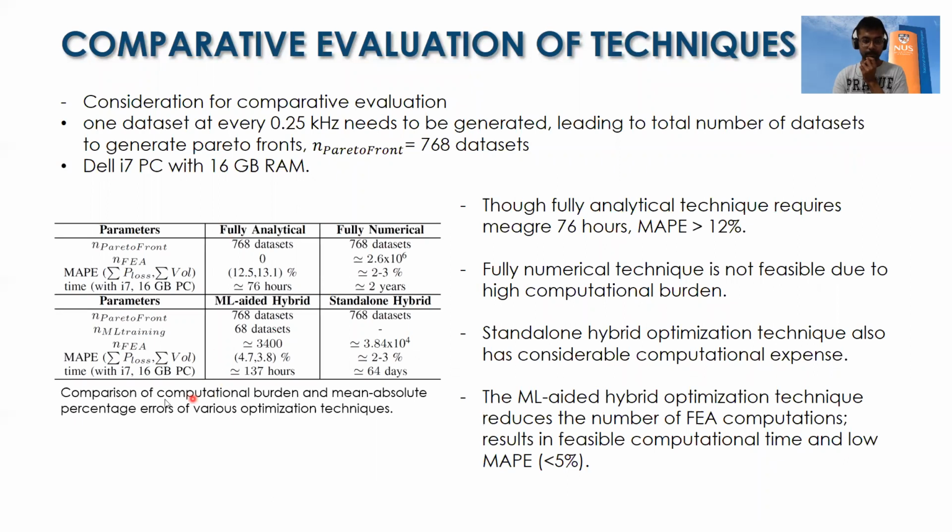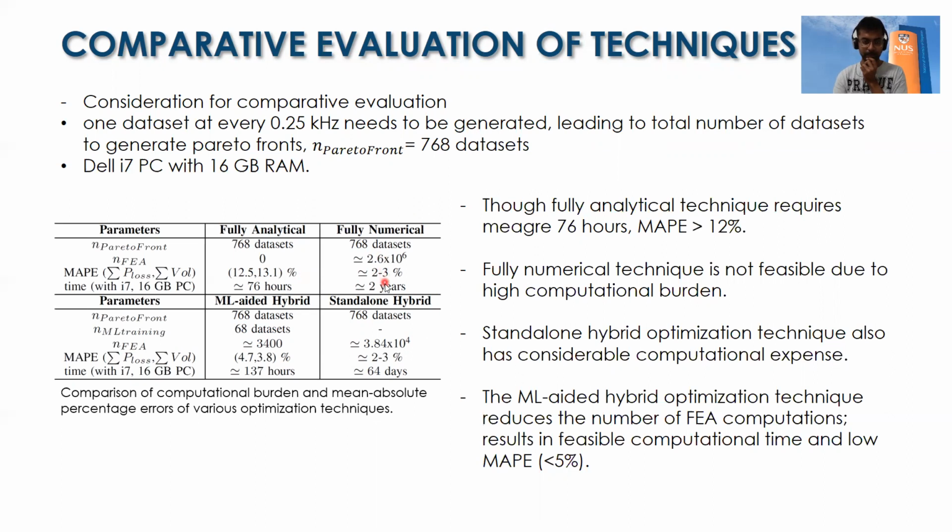So the comparison of the computational burden and mean absolute percentage error of the various optimization techniques are provided here. That is the fully analytical one, the fully numerical one, the standalone hybrid one without any machine learning aid, and the machine learning aided hybrid optimization. So we can see that though the fully analytical one leads to very less computational burden and less computational time, it leads to more than 12% mean absolute percentage error, which is the downside.